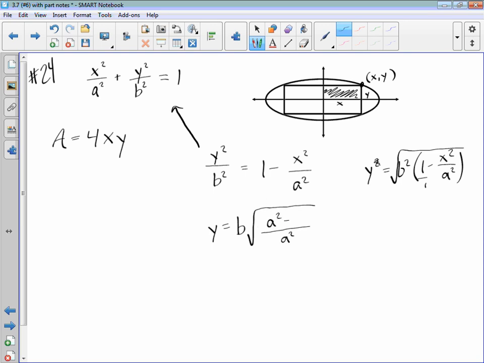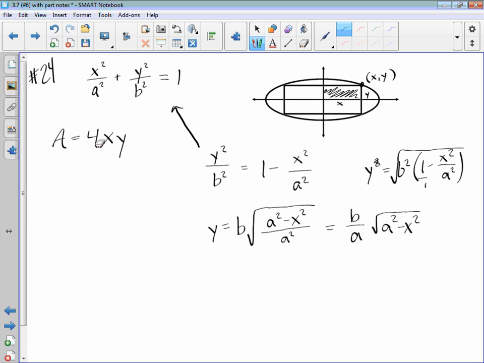A squared minus x squared. And this is the same thing as the square root of the numerator over square root of the denominator. So can't I take an a out of the denominator then? So this turns into b over a, good. And then square root of a squared minus x squared. Questions on that? Do you see how much simpler this looks than this to plug in?